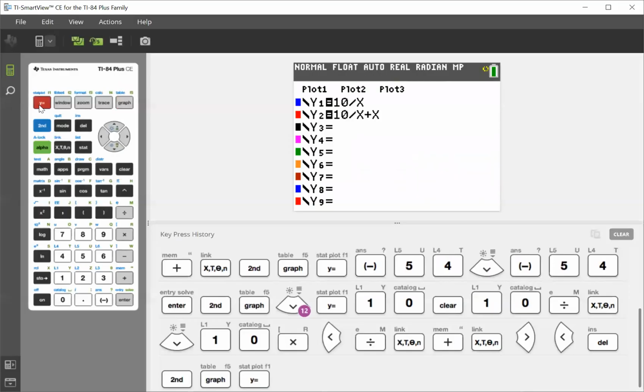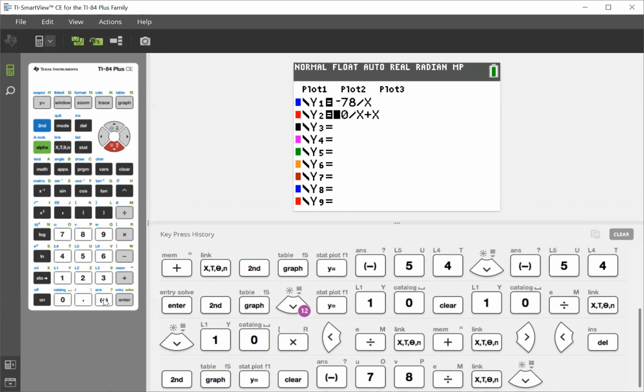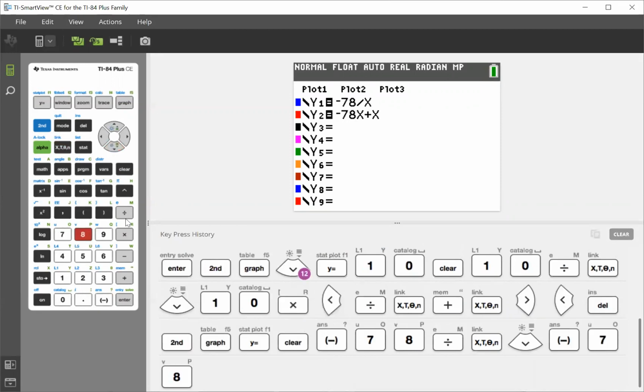We go to y equals, got negative 78 divided by x. And then we've got negative 78 divided by x plus x. And I'm going to go second table.